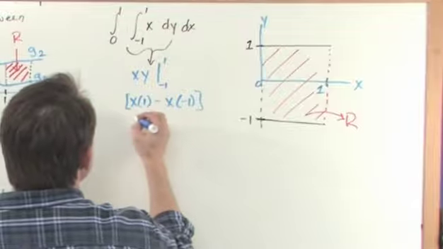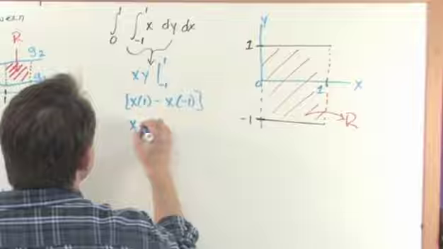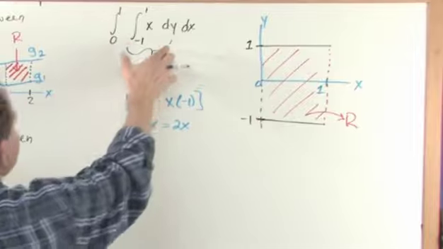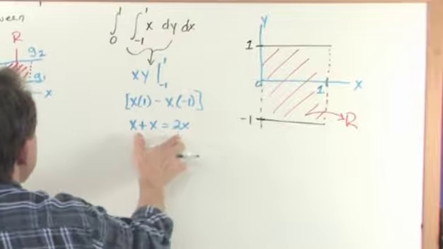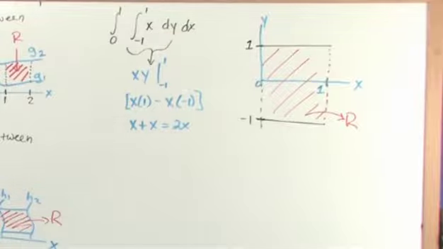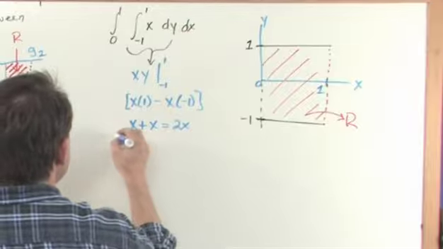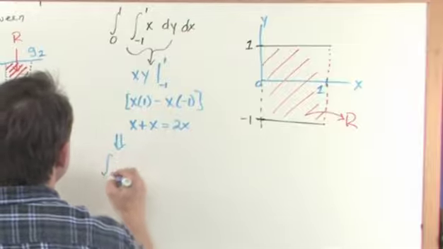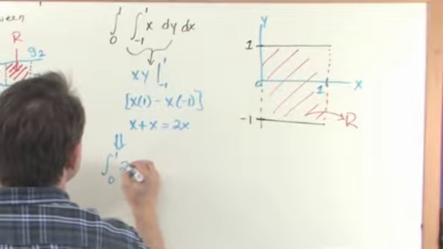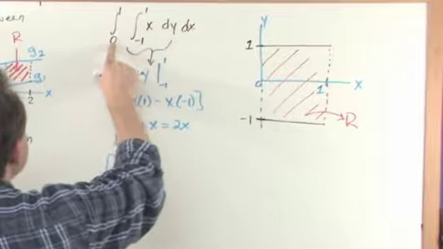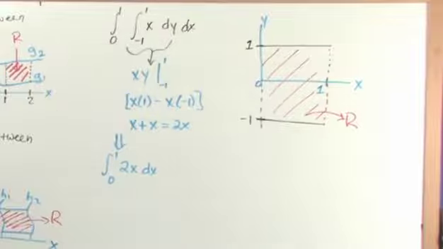So what you're going to have here is x plus x, which is 2x. So the answer to this integral, when you evaluate it, comes out to be 2x, okay? Now, the result is plugged into another integral like this, because the original integral had dx out here, and we're going from 0 to 1, so we have to integrate this.